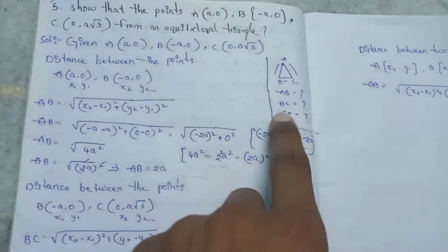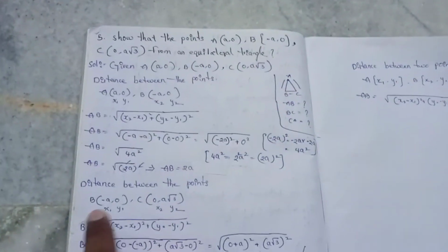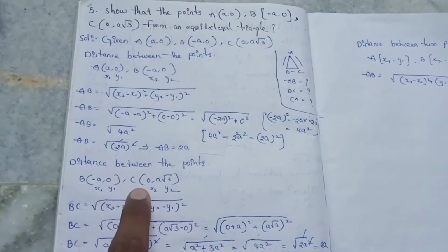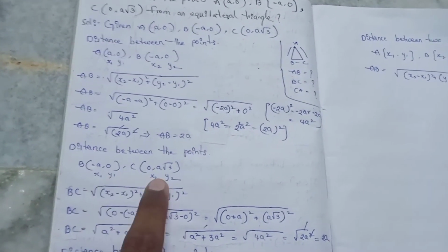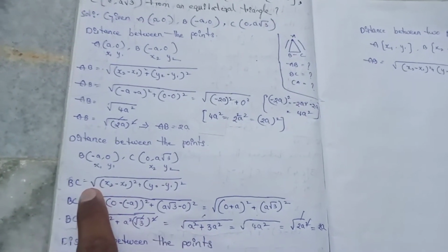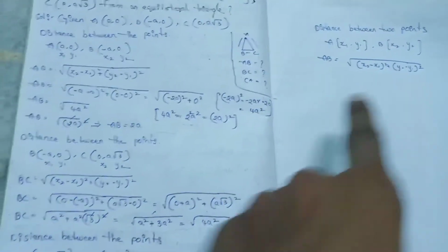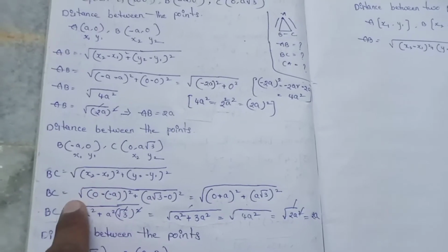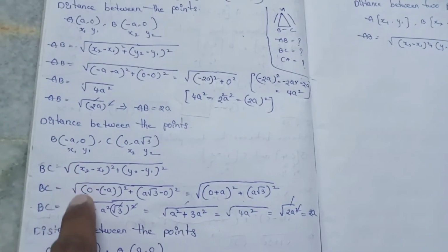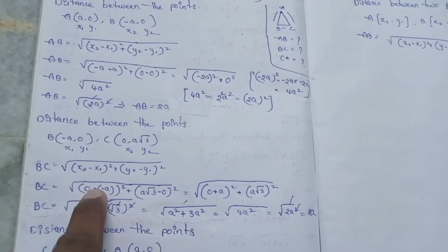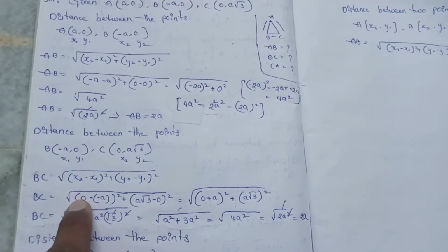Next, we have to find the distance of BC. B is minus A comma 0 and C is 0 comma A root 3. This is x1, y1 and this is x2, y2. The formula is root of x2 minus x1 whole square plus y2 minus y1 whole square. x2 is 0, x1 is minus A, so the minus is repeating two times, so don't confuse it.